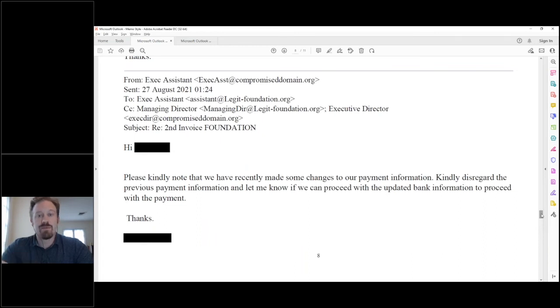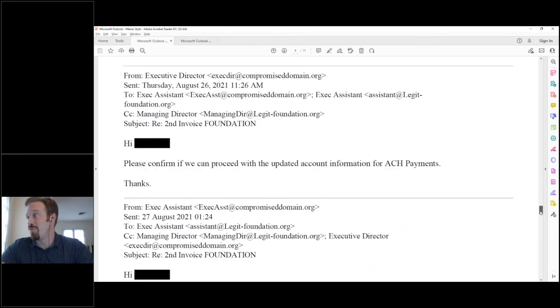Again, some tells here. We have recently made some changes to our payment information. Kindly disregard the previous information. Again, pointing to some of those controls that Carole mentioned before in terms of how you establish a flow to approve changes to payment information that are different.